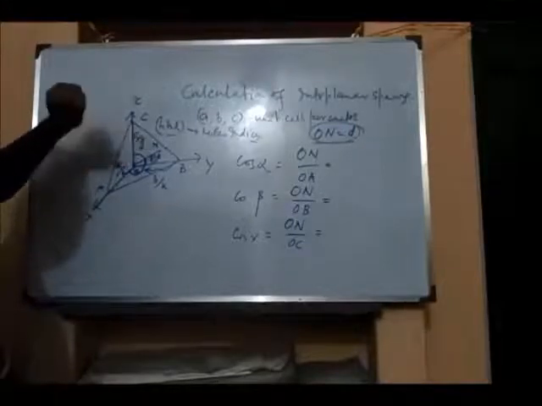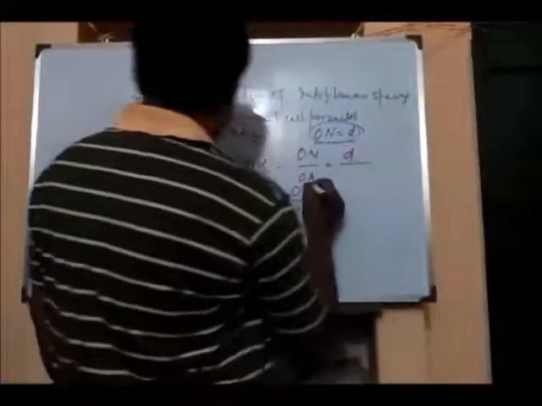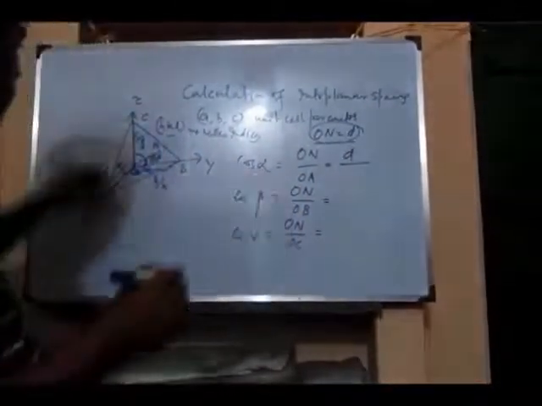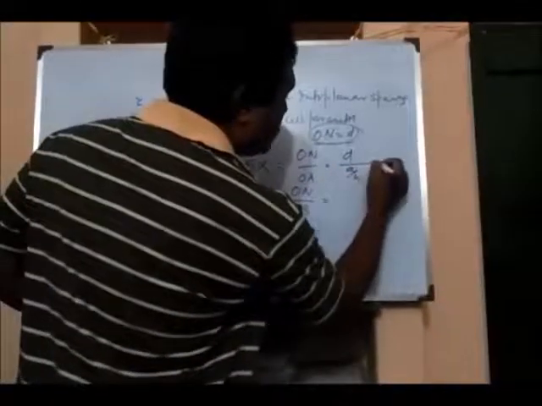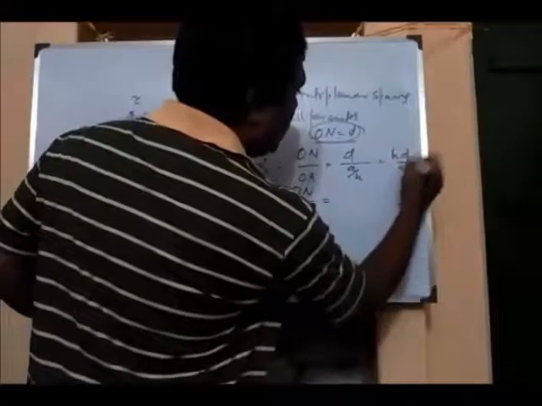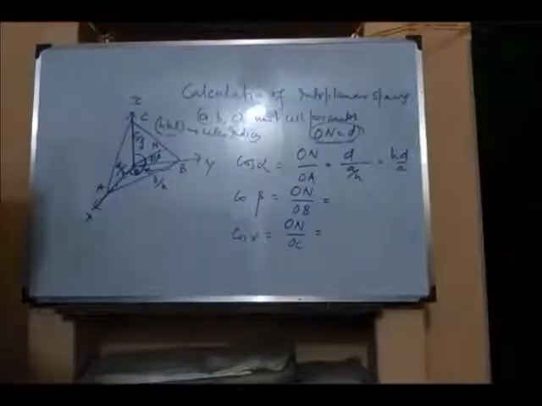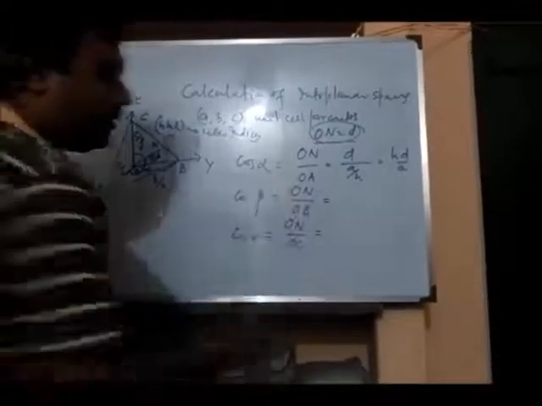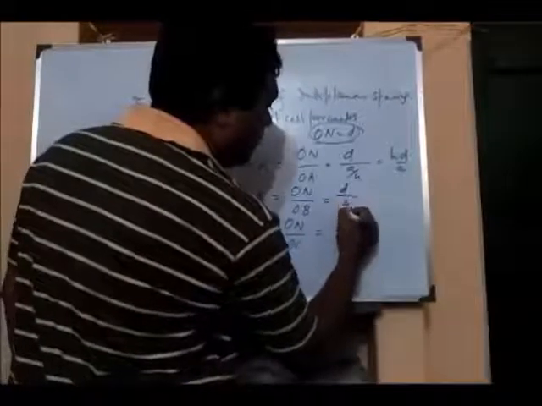So this is the interplanar spacing. Now this ON will be d divided by OA. OA here I can assume is a by h. So it is hd by a. In case of cos beta, I can say this is ON by OB, so d divided by b by k.